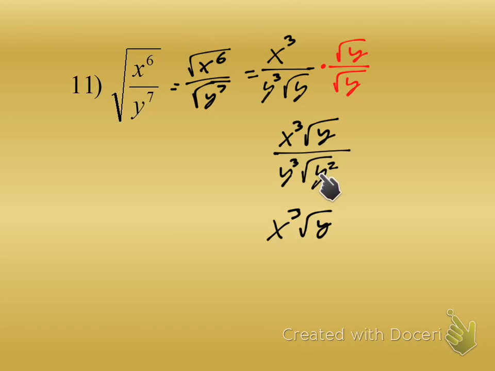Square root of y squared is what? Y. Y times y cubed gives you y to the fourth. Good.